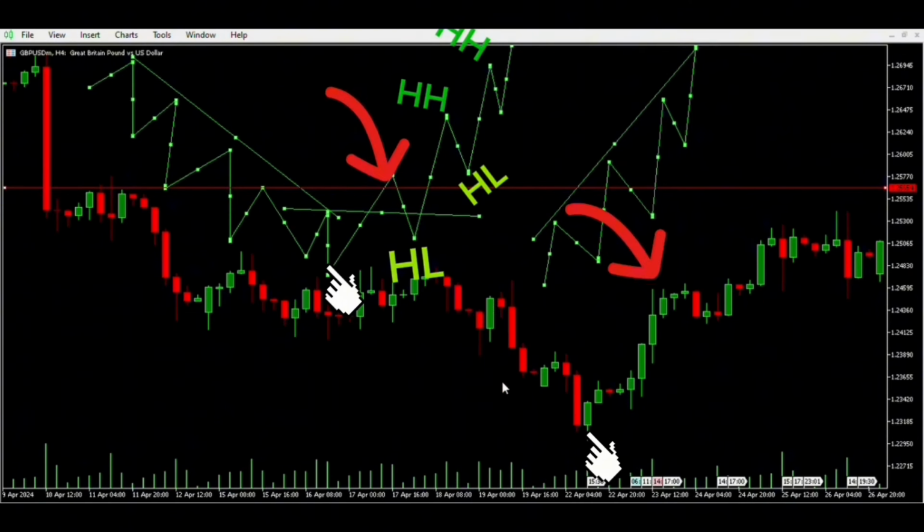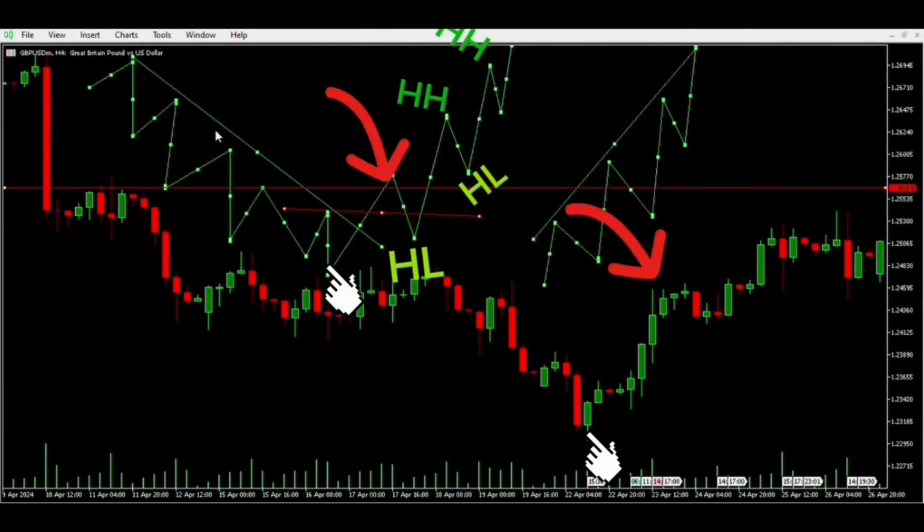Let me just make this red. You see, it's made a lower low and a higher high.